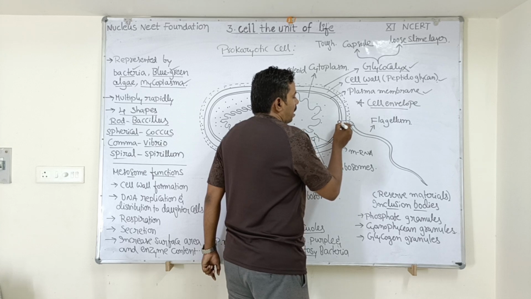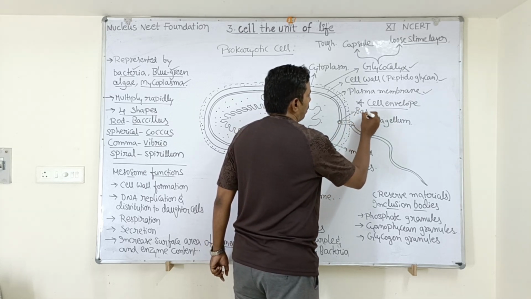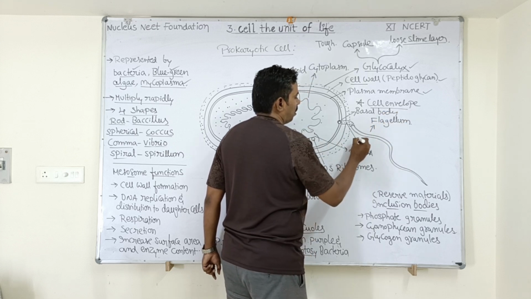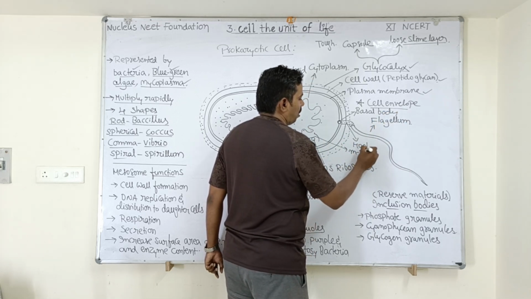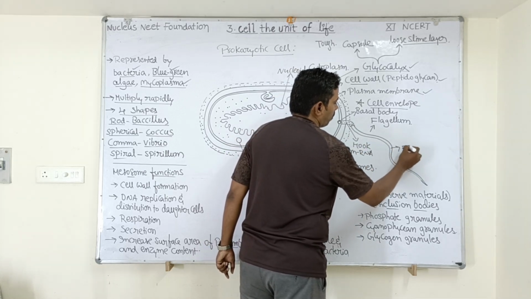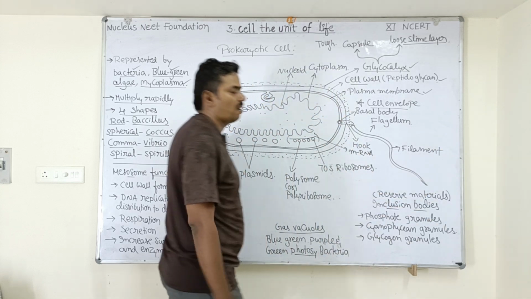The flagellum has a basal body, a hook, and a long filament, a long part called the filament. So what are the three parts in a flagellum?